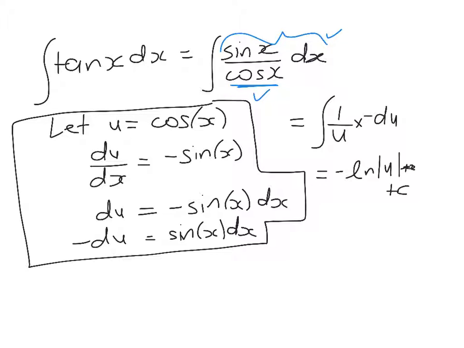Now we have to pop back in cos of x. We don't want to end up with an answer in terms of u, so negative log of cos x plus c, just as we had it before, or we could go log of sec x plus c.